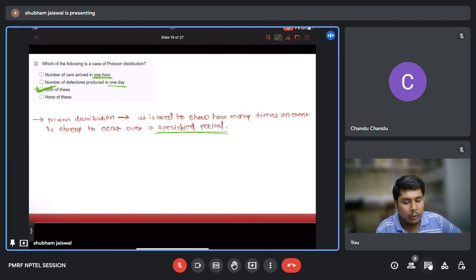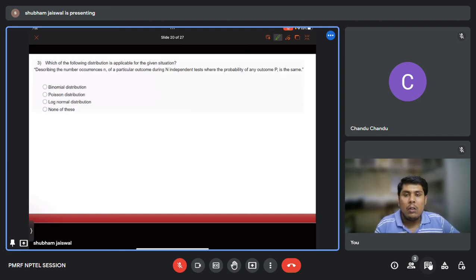Moving towards our last question. Which of the following distributions is applicable for the given situation: describing the number of occurrences for a particular outcome during n independent trials where the probability p of any outcome is the same? So which distribution do we use?